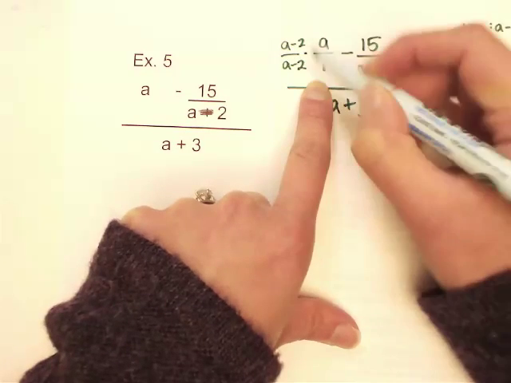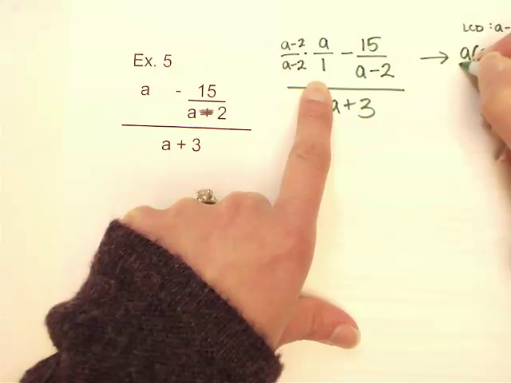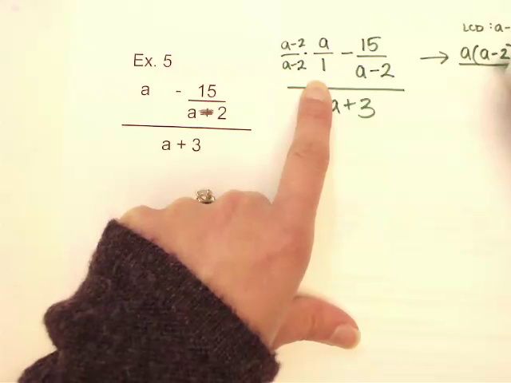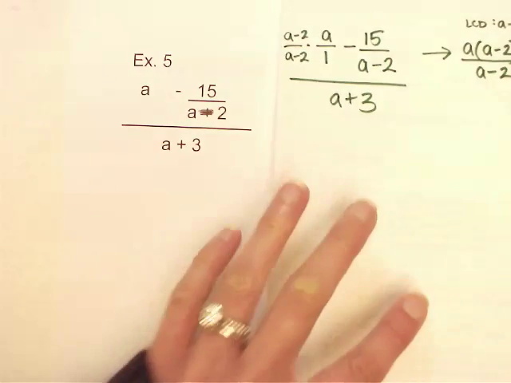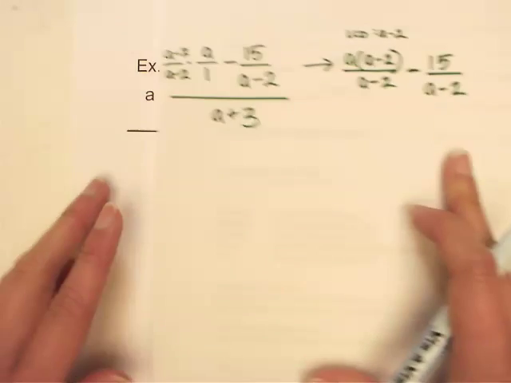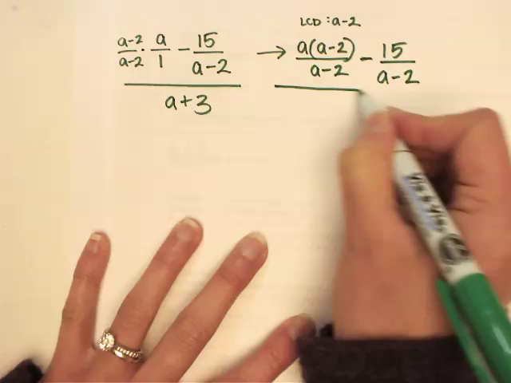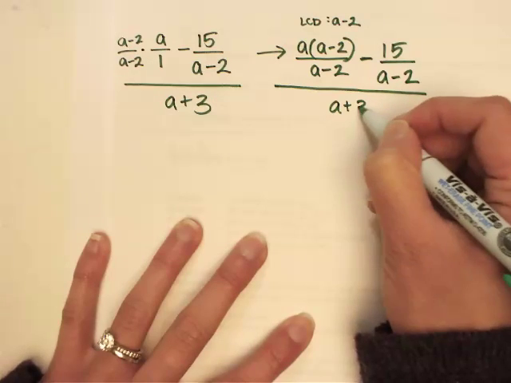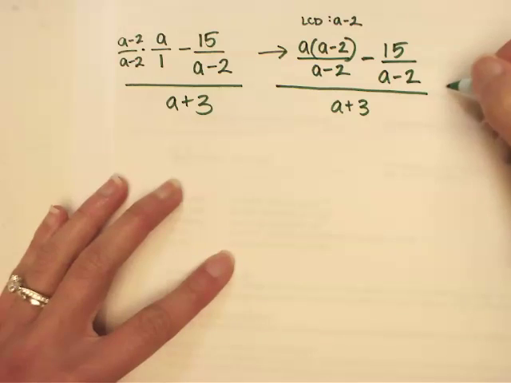Okay, so that becomes a times a minus 2 divided by a minus 2, subtracted by 15 over a minus 2. Move that over. And that's all over a plus 3. Okay, so let's go ahead and simplify this.